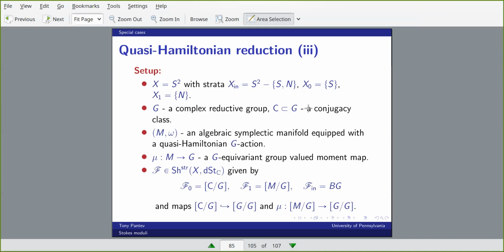And that gives you a constructible sheaf on the interval where it is actually a Lagrangian intersection. So there, at the two endpoints, you still have C mod G and M mod G, but on the open stratum, you get the conjugacy classes. The inertia group, whatever they call it. Yeah. So you could do it that way, but it's more natural to do it with the sphere.